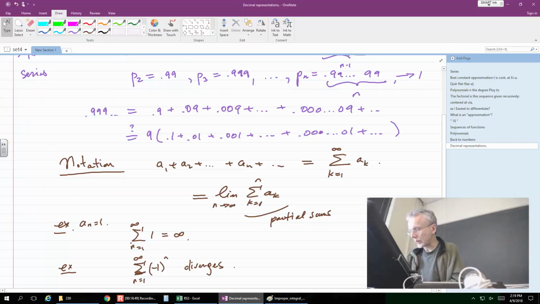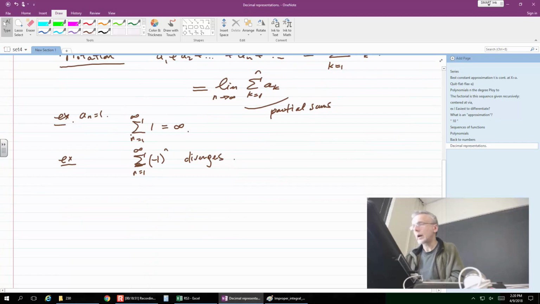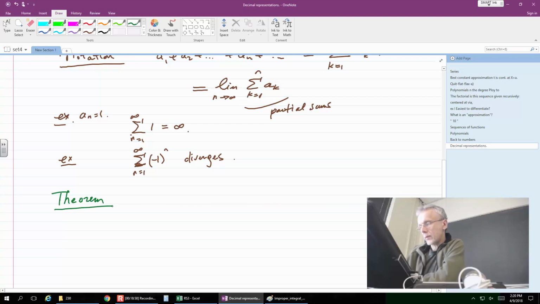What else do we need to mention about this idea? This is the theorem that came up before. Now we are just recycling it.